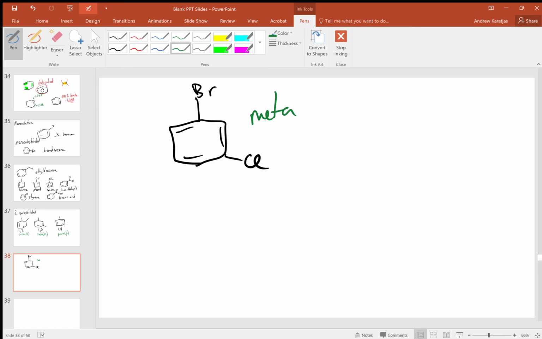So now what order do we name the substituents in? Same thing we've been doing. They always go alphabetical. So this becomes M or meta, bromo, chloro, benzene.